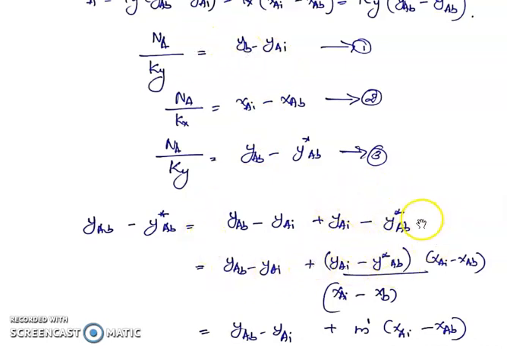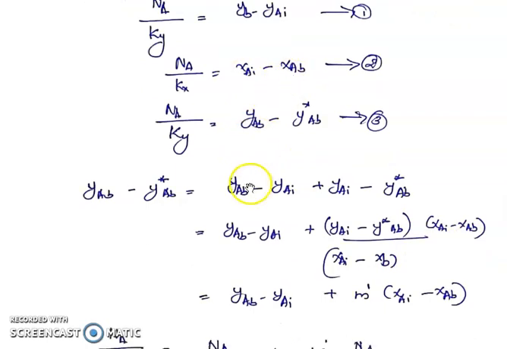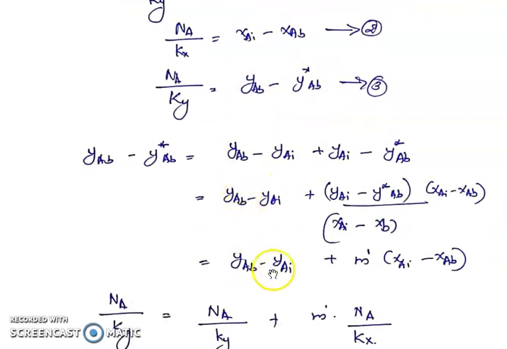In the second part I am going to multiply and divide by XAI minus XAB, because again we know what XAI minus XAB is. So let's write YAB minus YAI plus YAI minus Y star AB by XAI minus XAB, again multiplied by XAI minus XAB. So what is XAI minus XAB? It is NA by Kx.